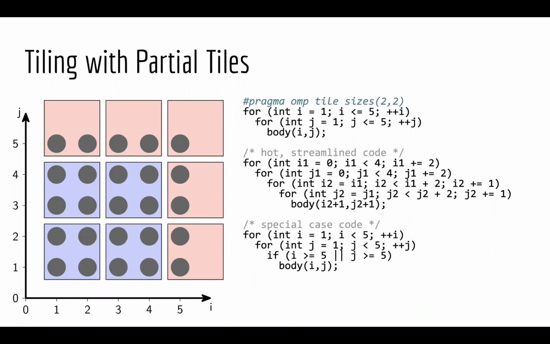In OpenMP, the compiler is semantically allowed to put these special cases in some extra code in order to not impede the compiler from optimizing the main code, especially when partial tiles usually do not exist. You often choose tile sizes or problem sizes which are a multiple of the tile sizes, so in this way it does not impede the optimization of the code.